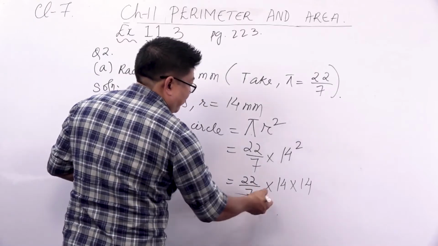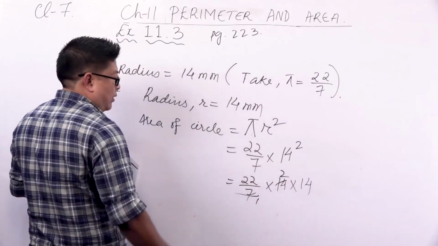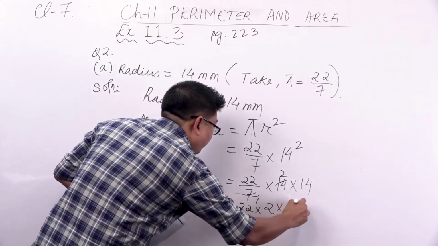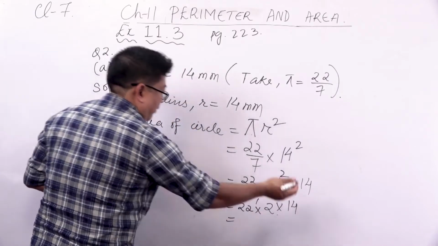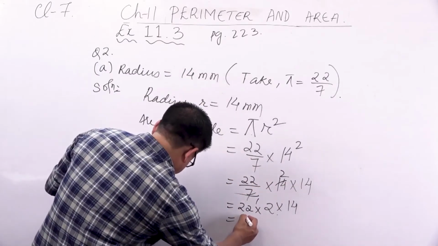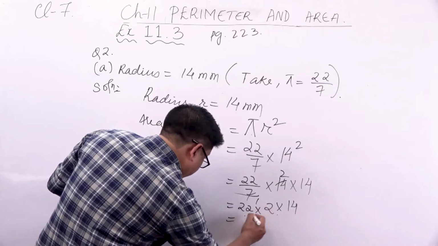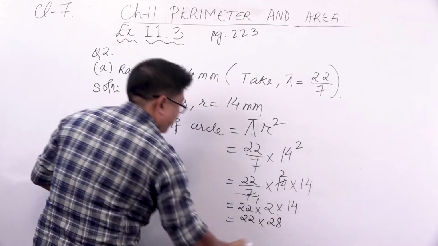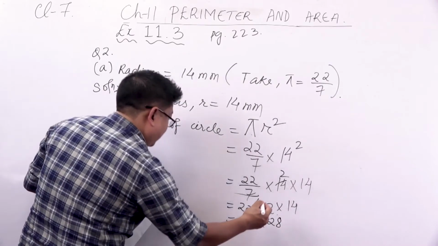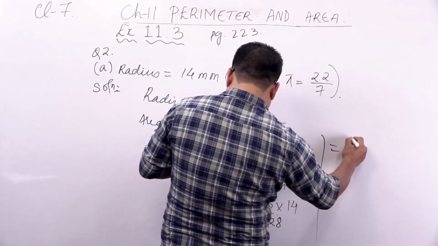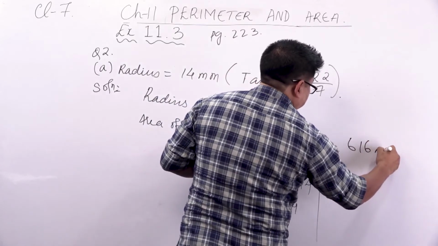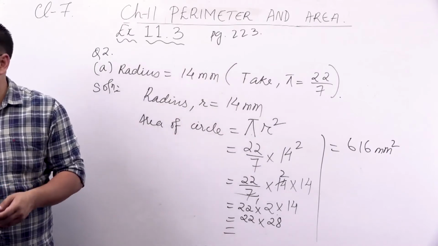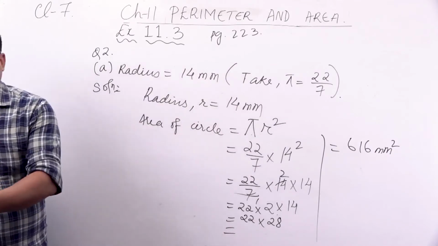So I can cancel 7 into 1, 7 into 2, all right? So I'm left with 22 into 2 into 14. So if you multiply this, you should get 22 into 28. When I multiply this, I get 616 millimeter square. All right, children? So this is about area of circle.